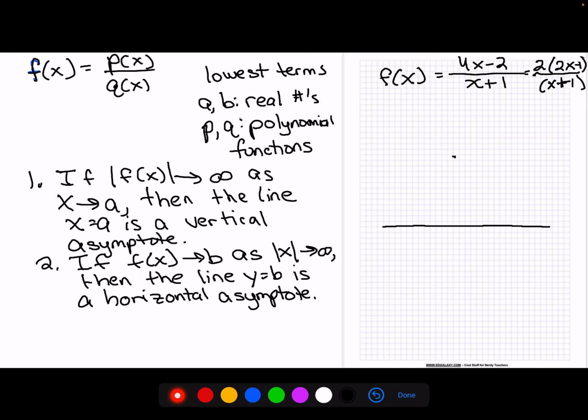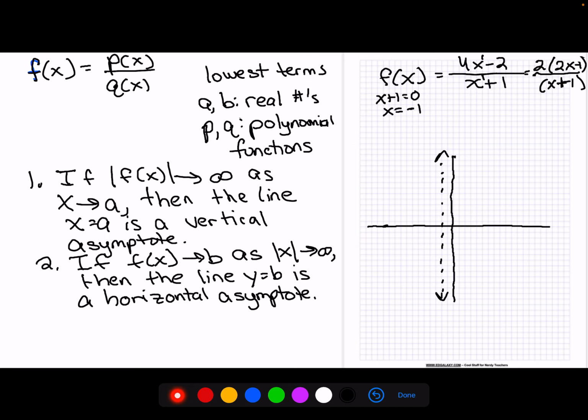And then if we want to go ahead and graph it, we already, from our experience, know that we would set x plus 1 equal to 0 and get x equals negative 1 on the denominator in order to see what that vertical asymptote would be. And then we also know that we can look at those degrees of the numerator and denominator, and we see that numerator has degree 1, denominator has degree 1.